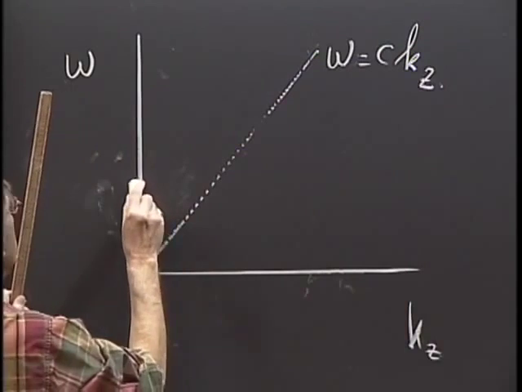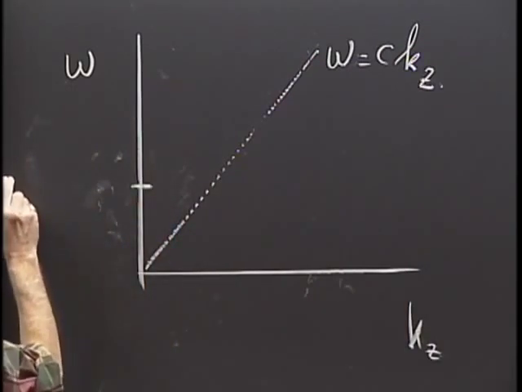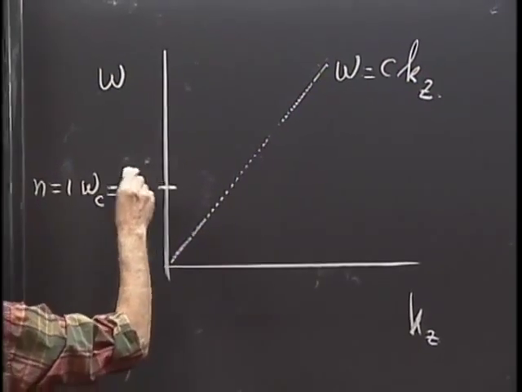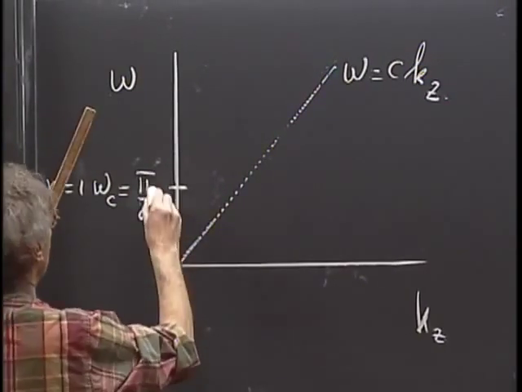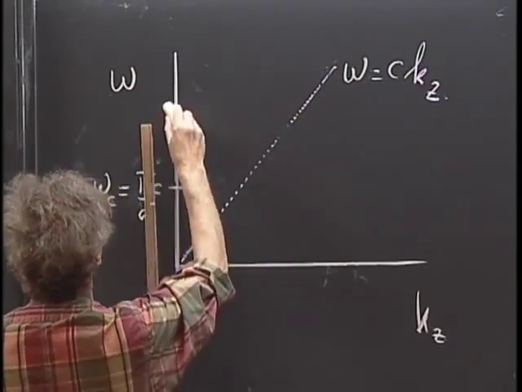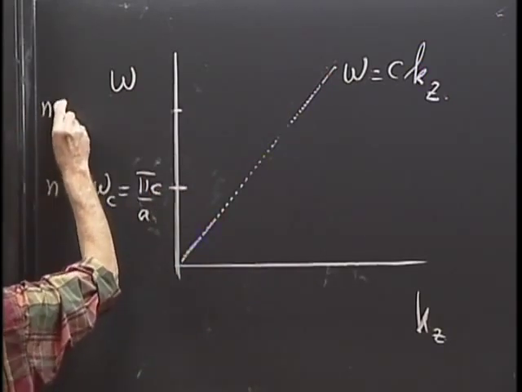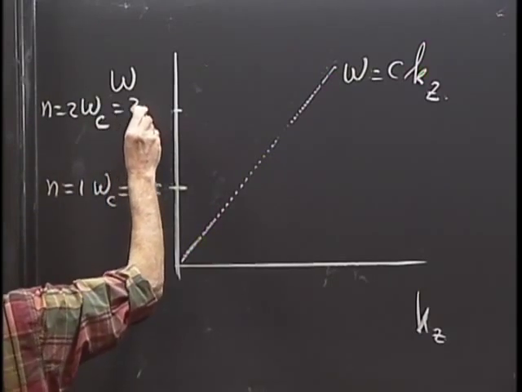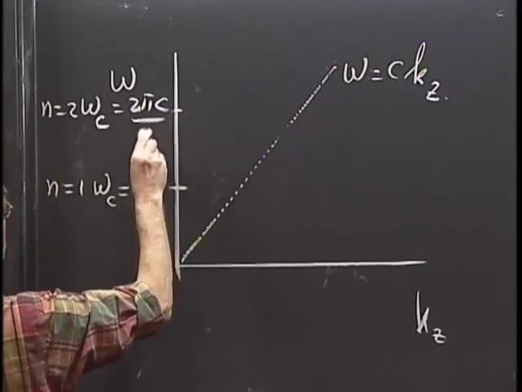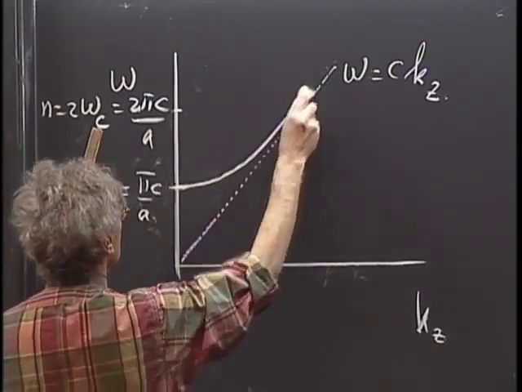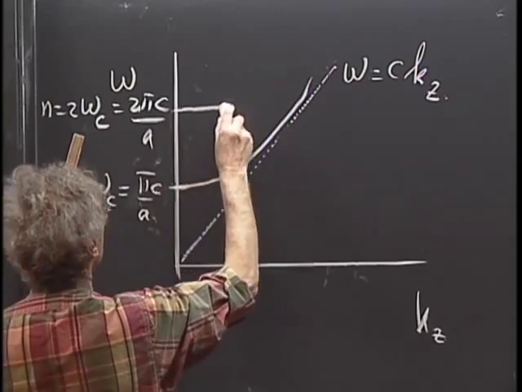And here now is your n equals 1, omega c equals pi divided by a times c, and here exactly twice as high is n equals 2, whereby omega c is 2 pi times c divided by a. And so I have one line here, and I have another line here.